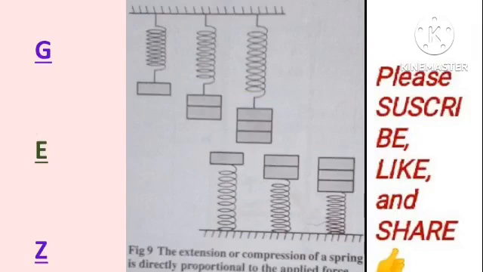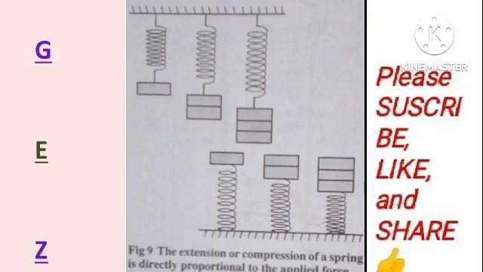This is a diagram showing the extension in the upper one and the compression in the lower one of a spring, which is directly proportional to the applied force. In the upper one, in the first instance it was a single mass, in the second instance it was a double mass, so you can see that the total length increased.